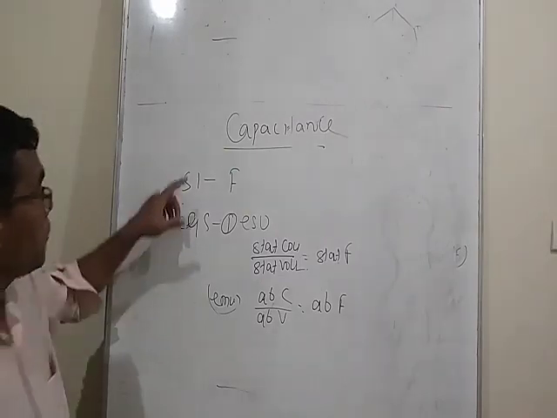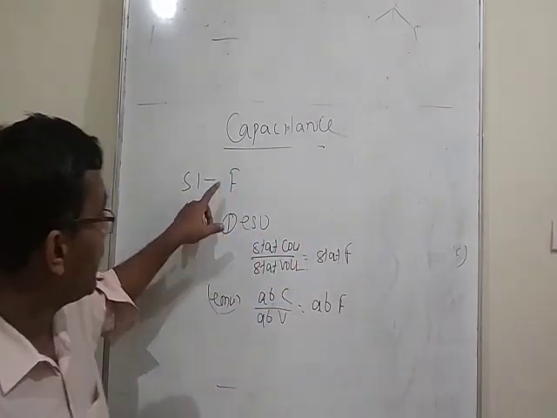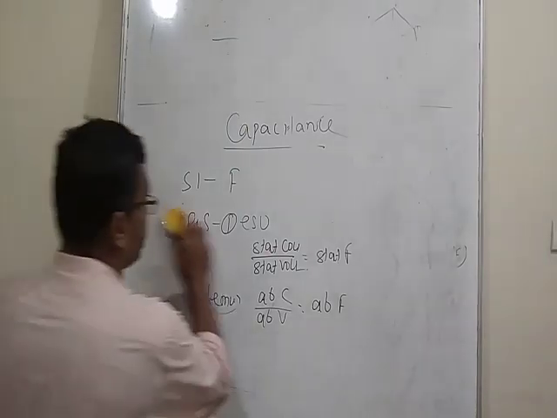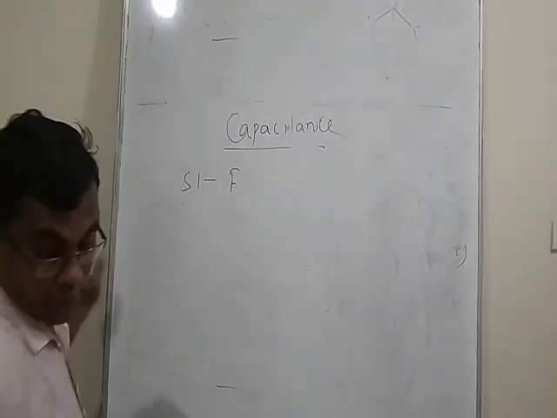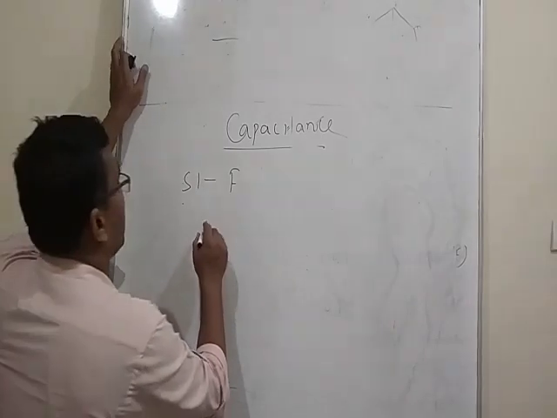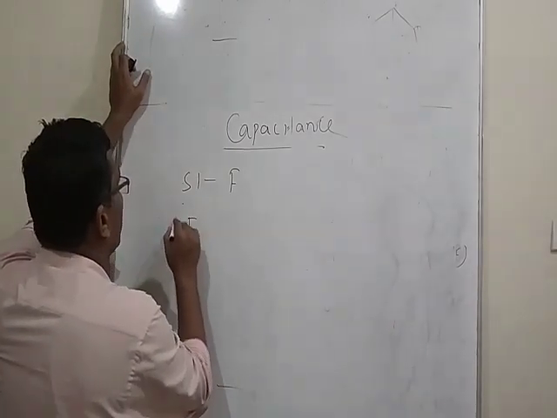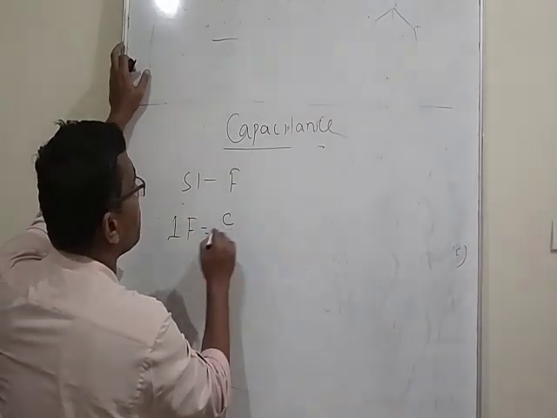Now come to the conversion of farad to statfarad and farad to abfarad. 1 farad is equal to coulomb per volt.